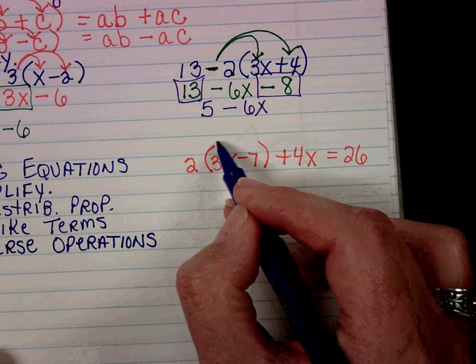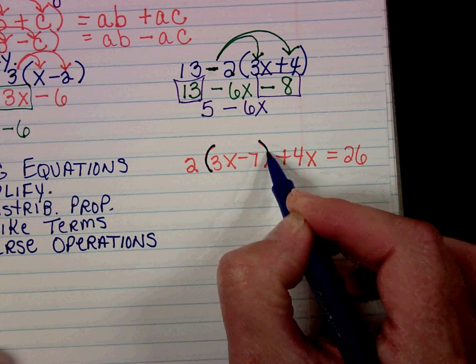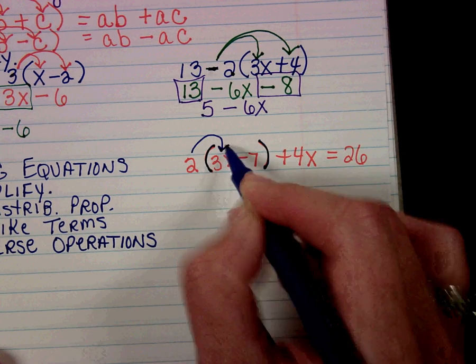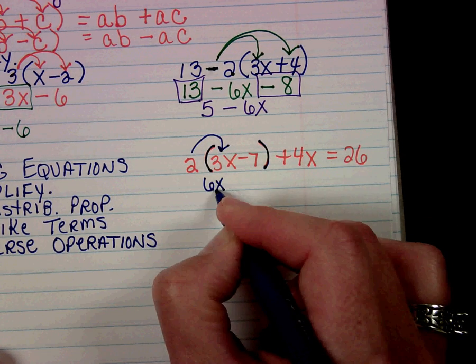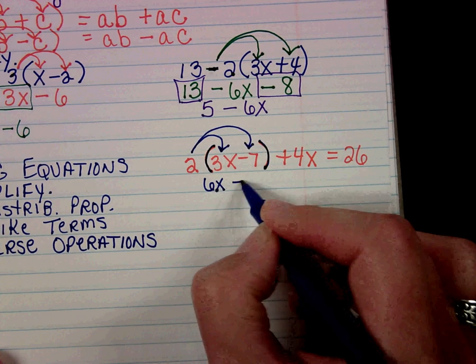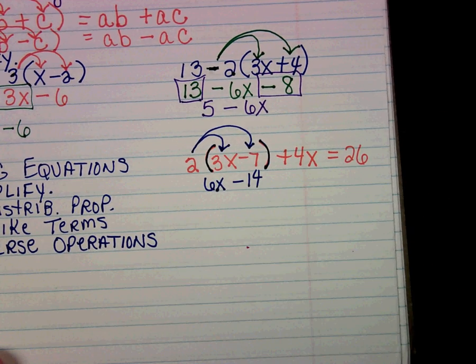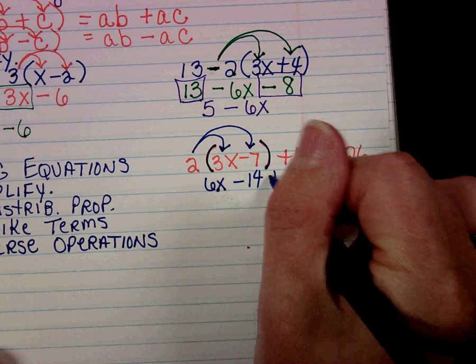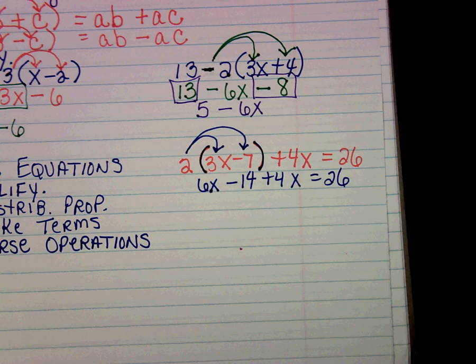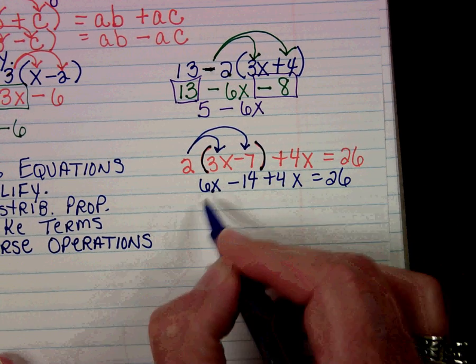So because we have parentheses, that's my clue that I need to do the distributive property. 2 times 3x is 6x. 2 times -7 is -14. Plus 4x equals 26. Really important that you take your time, show your steps.